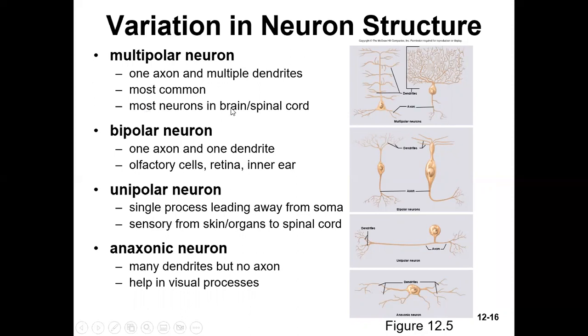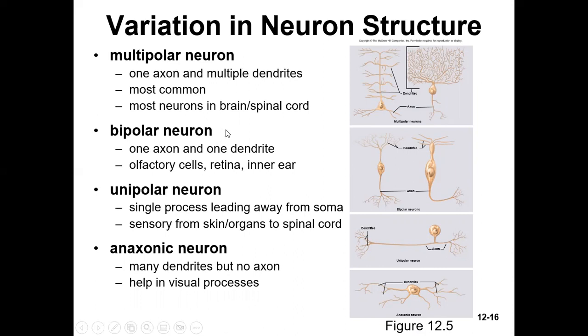Most neurons in the brain and spinal cord will be multipolar neurons. And if you think about the point of the neurons within the central nervous system, again, that is major integration center, then that makes sense. You'll get a lot of information pulled into that portion of things.